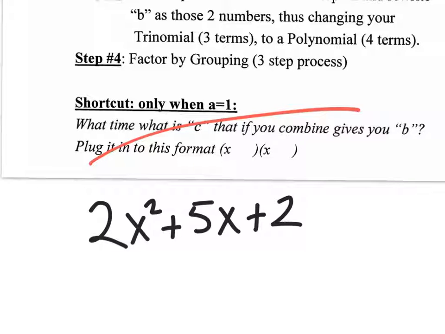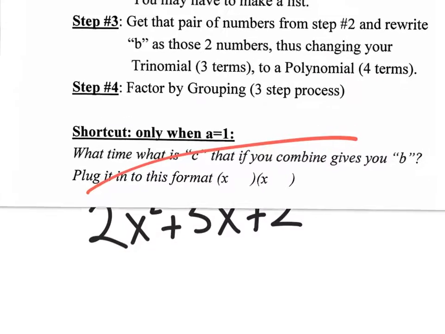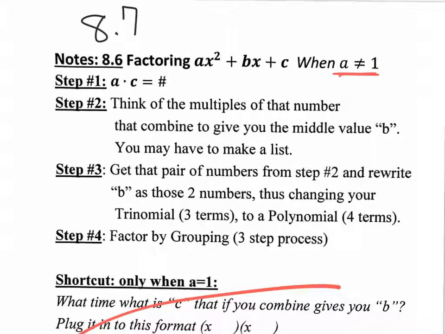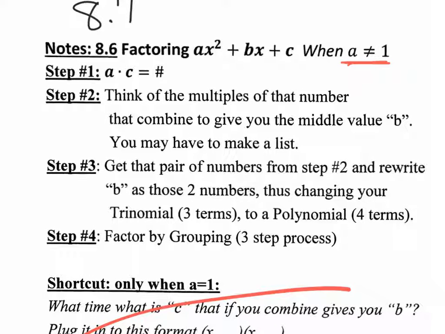Right here you could clearly see that the a value is not 1. The a value is actually 2. So you cannot use the shortcut. So we actually have to go back and use this long 4-step process, which is really like a 6-step because you got to do factoring by grouping for your final step, which is a several step process itself.